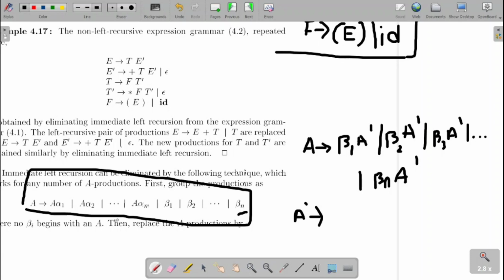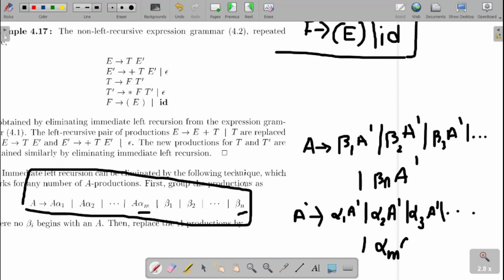So A dash derives alpha 1 A dash, or alpha 2 A dash, or alpha 3 A dash, or the series will continue. What is the last term over here? The last term is alpha m, that is alpha m A dash, or epsilon. It will be introduced.